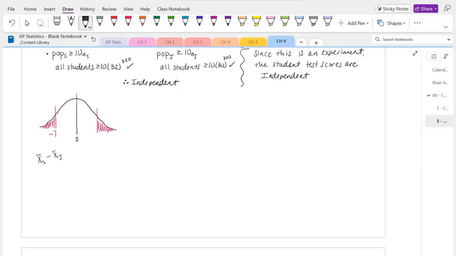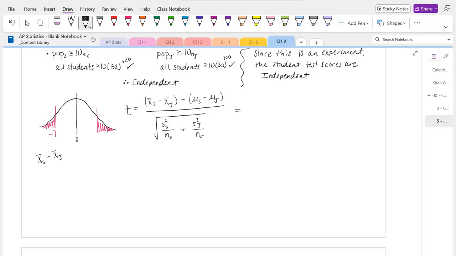After that, we've got our t-statistic formula. So you've got x bar sub s minus x bar sub j minus mu sub s minus mu sub j, all over the square root of the sample standard deviation squared over the number in the sample.